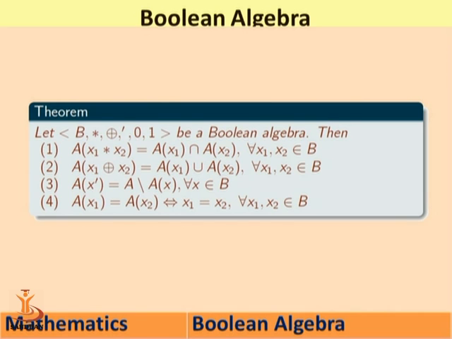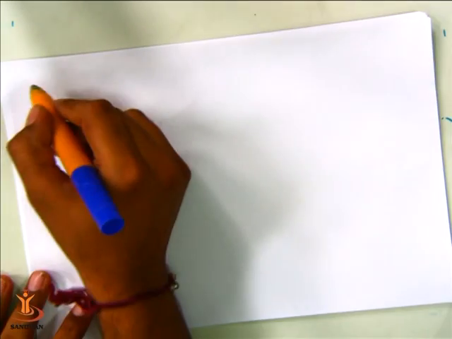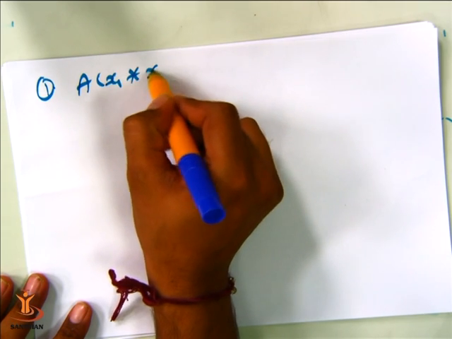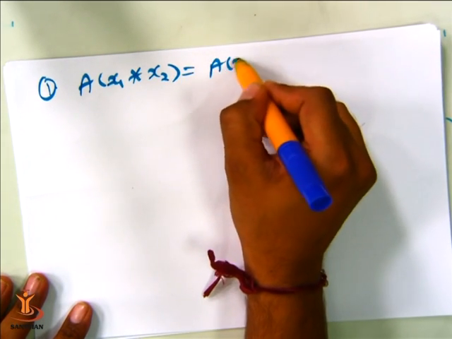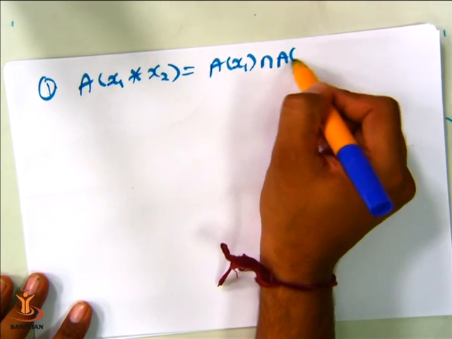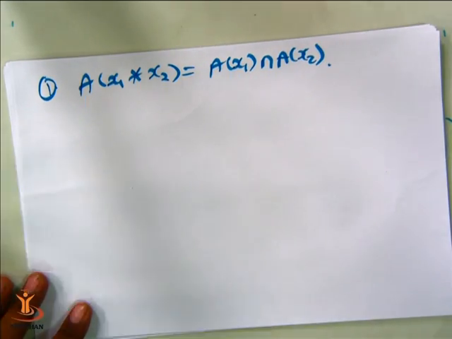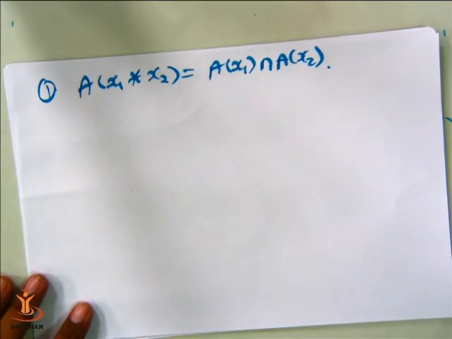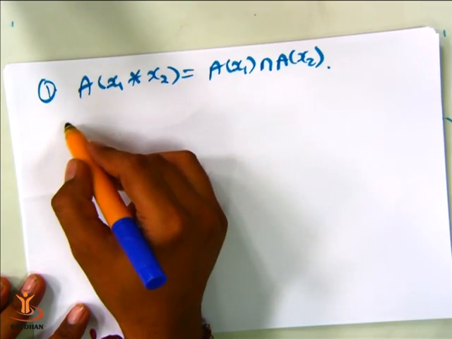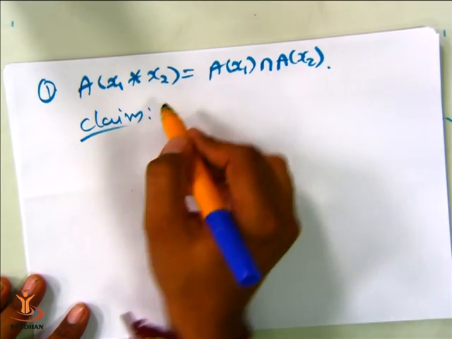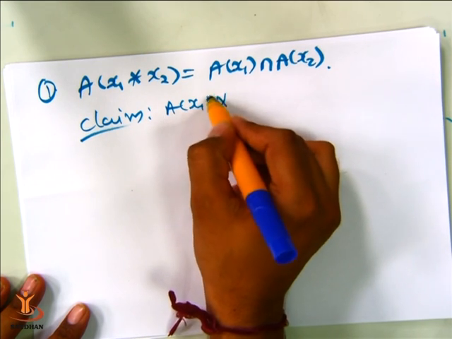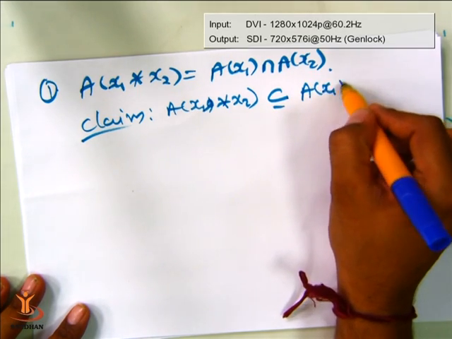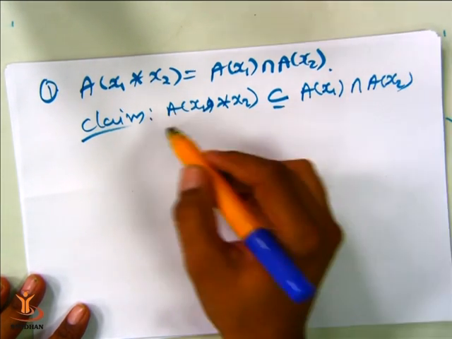Now let us see the proof of this theorem. The first part is that A of x1 star x2 is equal to A of x1 intersection A of x2. Now here we know that A of x1 star x2 is a set, and A of x1 intersection A of x2 is another set. Now to prove this, we claim that A of x1 star x2 is a subset of or equal to A of x1 intersection A of x2, and this is our first claim.